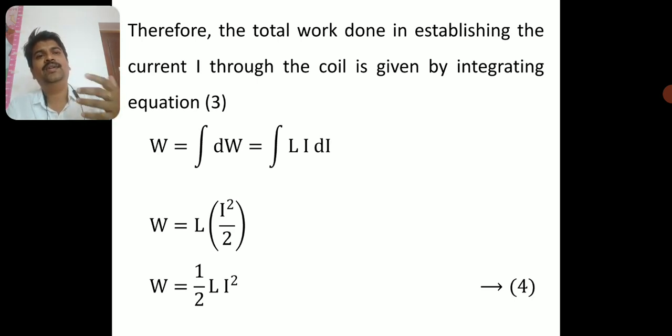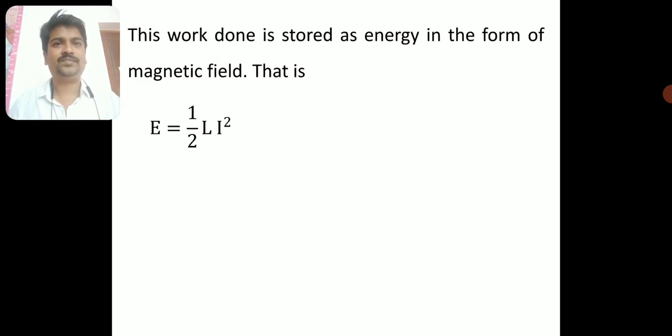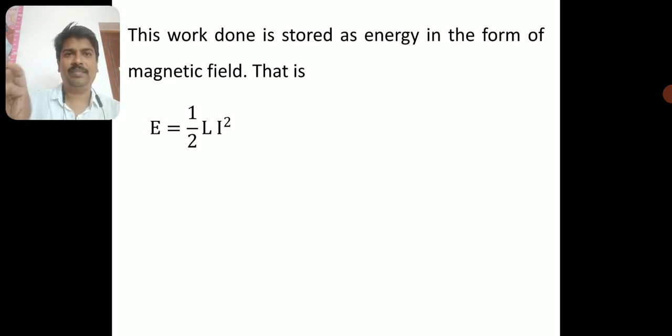This is the equation for the work done in establishing the current I in a coil against the back EMF. This work has to be done to establish the current in the circuit, and it is stored as magnetic energy, an energy in the form of a magnetic field.